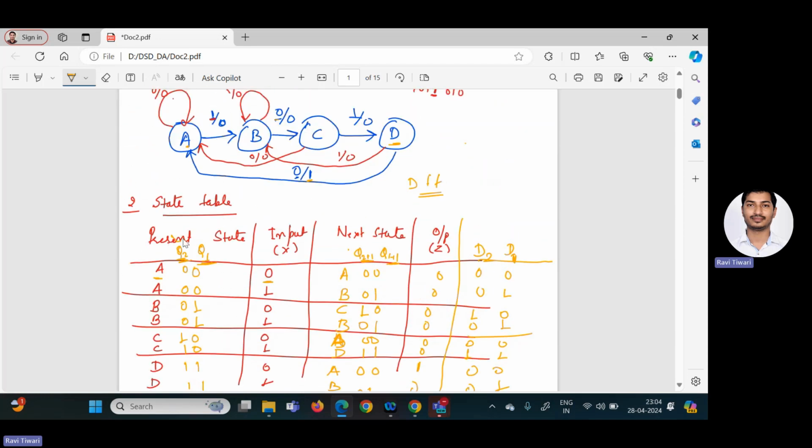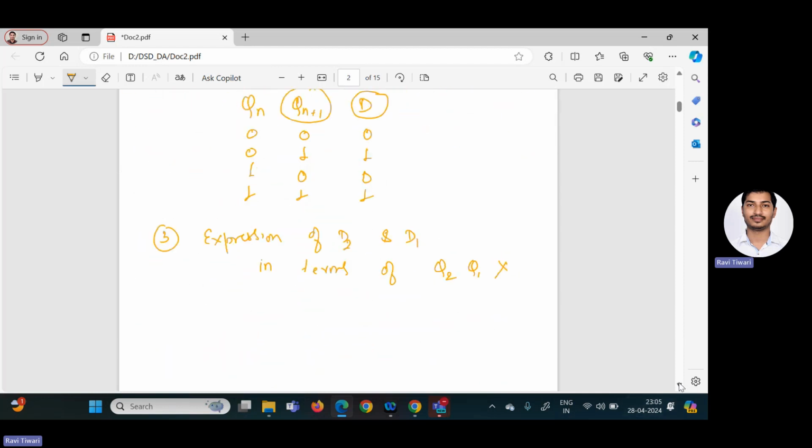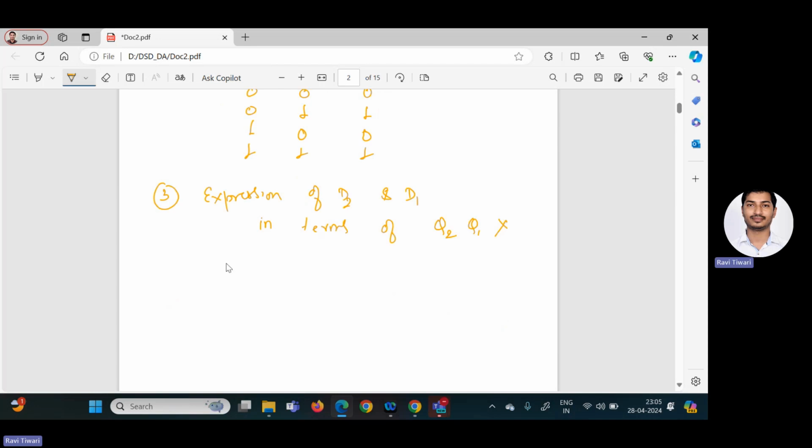Here we have Q2, Q1 and X. As we have 3 inputs, a 3 variable K-map is required. So here I am considering this is Q2, this is Q1 and X. This is 0, 1, 0, 0, 0, 1, 1, 1, 1, 0.